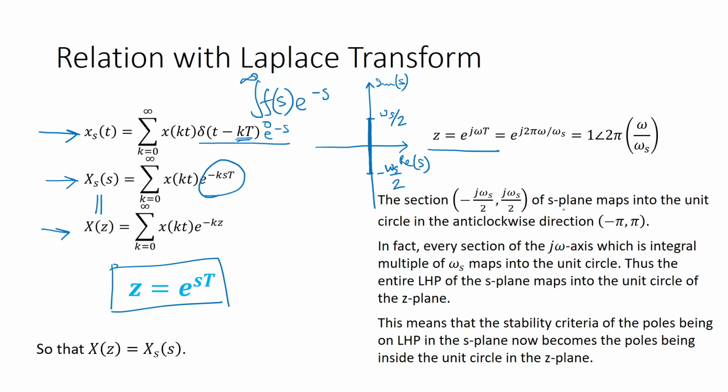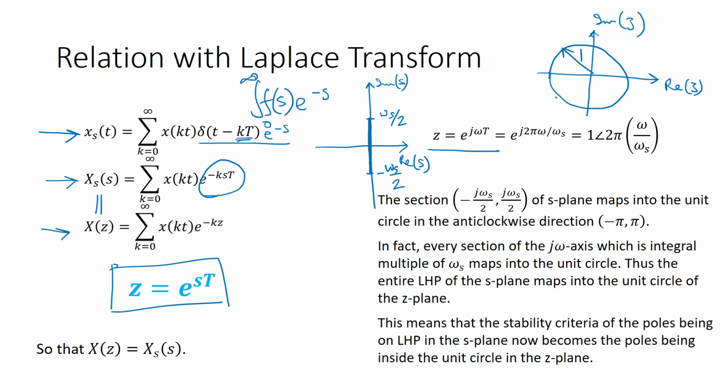then in the z plane, where this is real z and this is imaginary z, you are starting from minus pi, moving in the anti-clockwise direction, coming to plus pi, and the radius of the circle is 1, the unit circle.